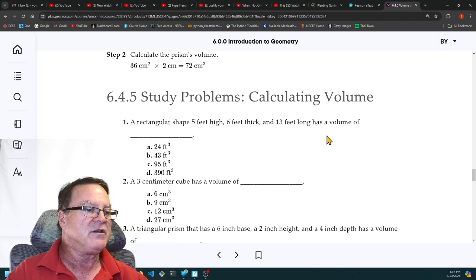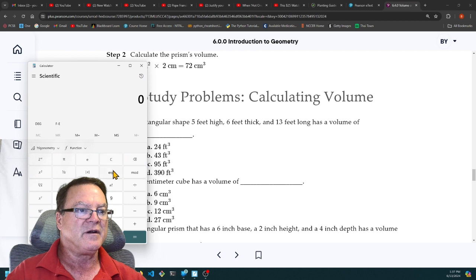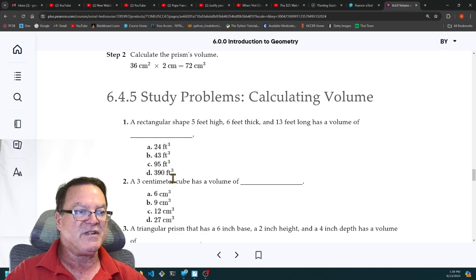So it's a rectangular solid. It's 5 times 6 times 13. We could do that in our calculator. 5 times 6 is 30 times 13 equals 390 cubic feet. So it's D, 390 cubic feet.